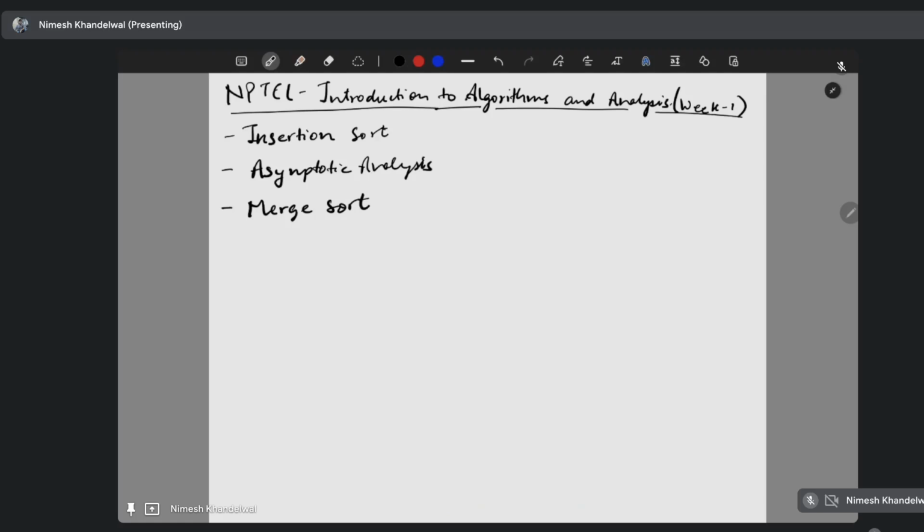The focus was primarily on the asymptotic analysis of these two algorithms, and insertion sort was taken as the prime example to discuss most of the workings of how we do the time analysis or the space analysis, like asymptotic analysis of sorting algorithms or any algorithm in general.